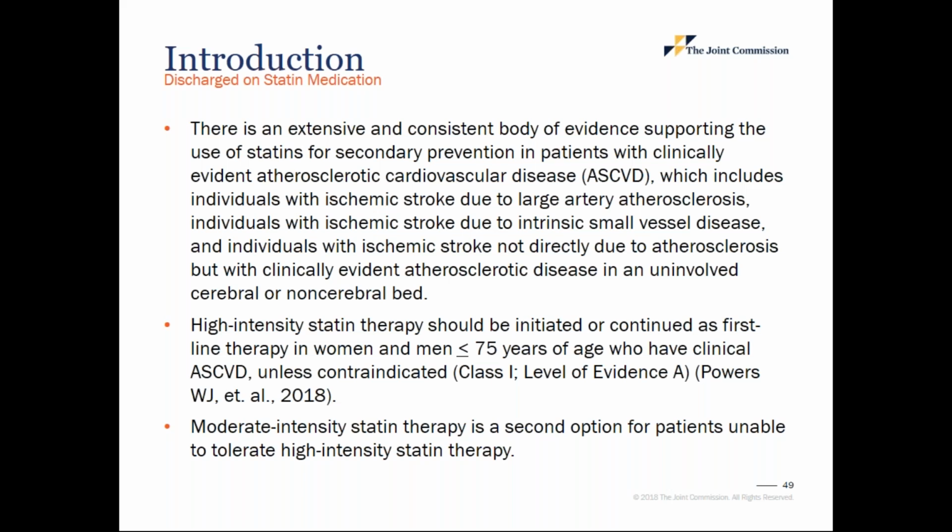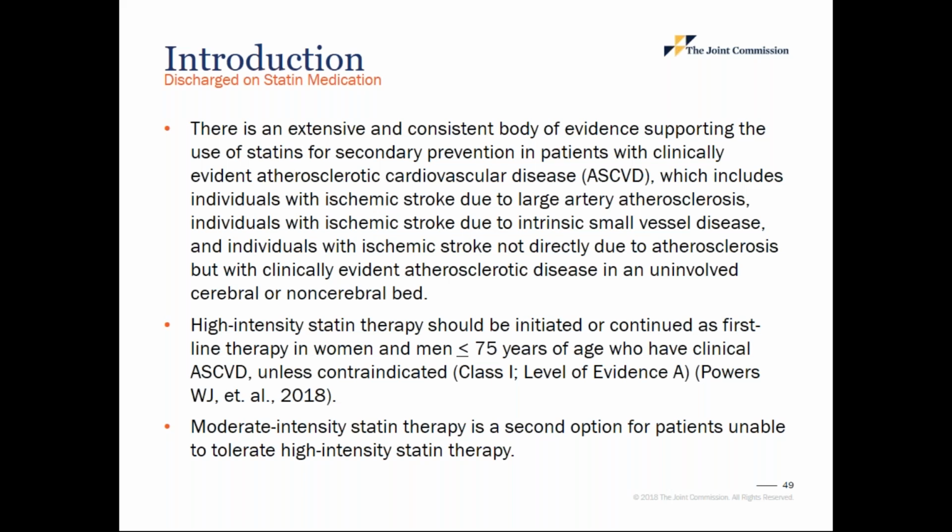Patients with ischemic stroke due to atherosclerosis are included in the first of 4 statin benefit groups. High-intensity statin therapy should be initiated or continued as first-line therapy in both women and men less than 75 years of age.